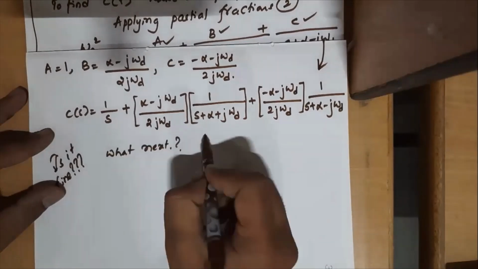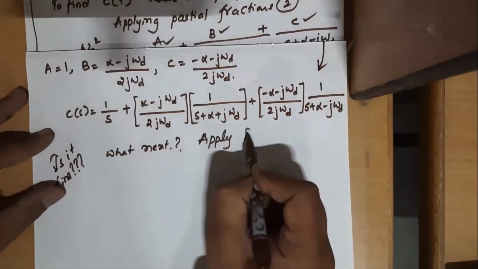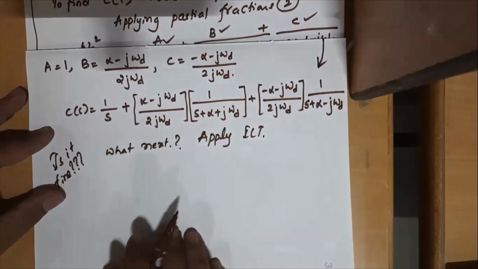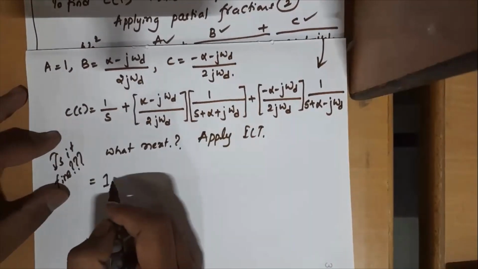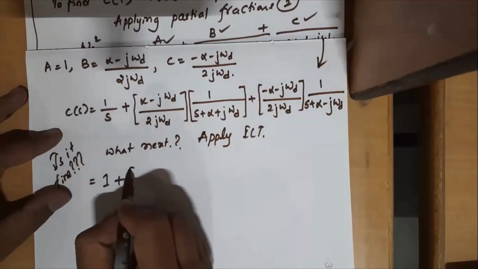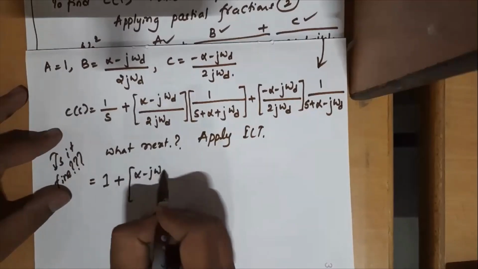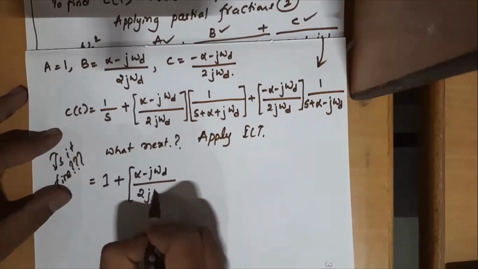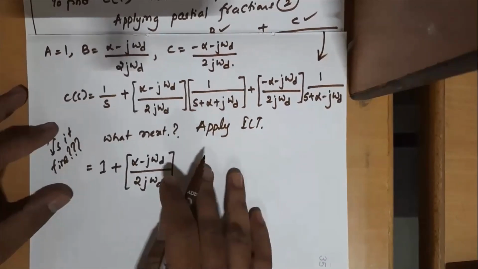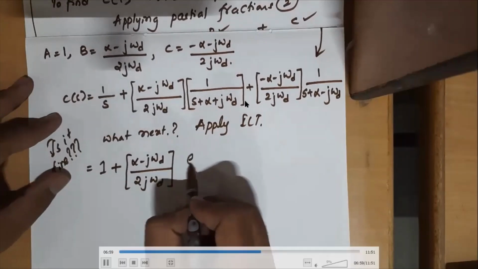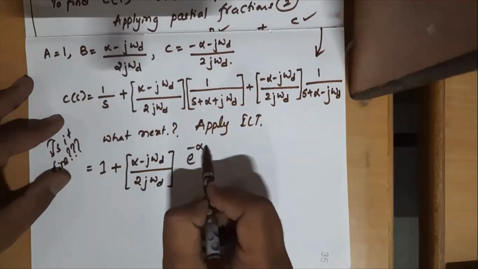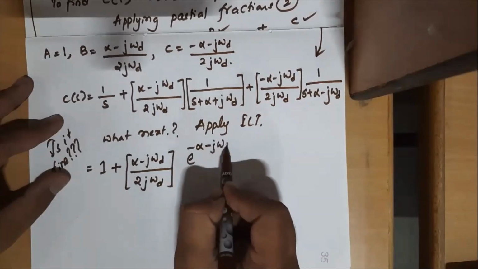So the next thing is directly apply inverse Laplace. So keep the constants as it is. Alpha minus j omega d over 2j omega d into the inverse Laplace of the term present here. It is e raised to minus alpha minus j omega d.